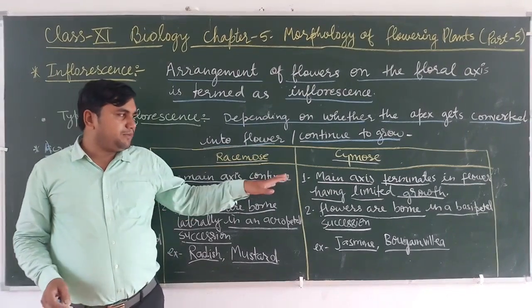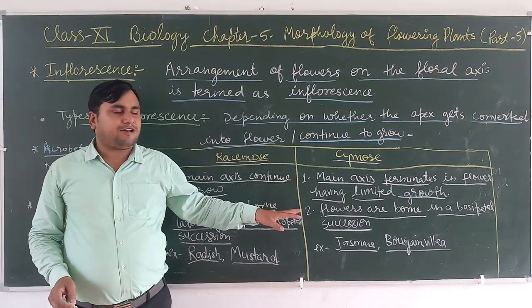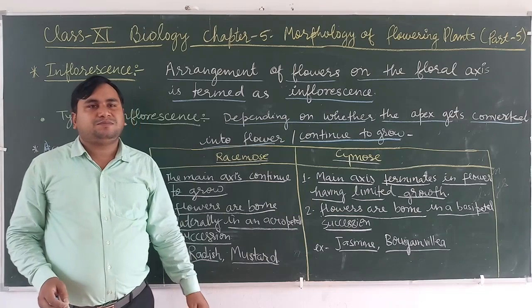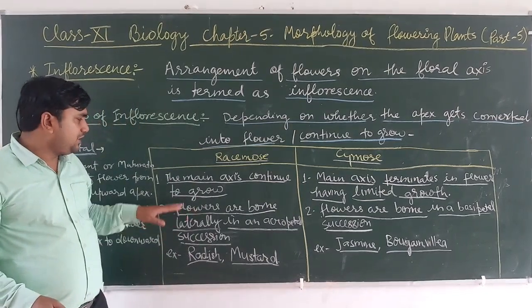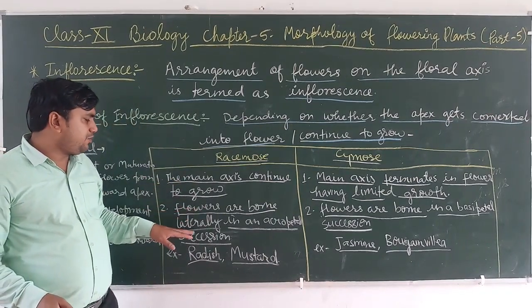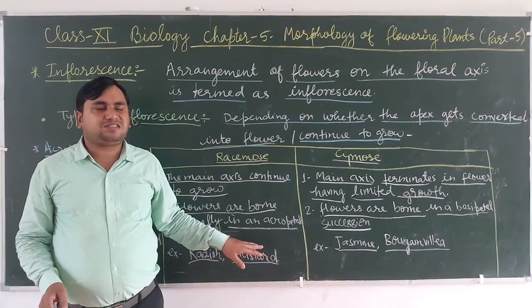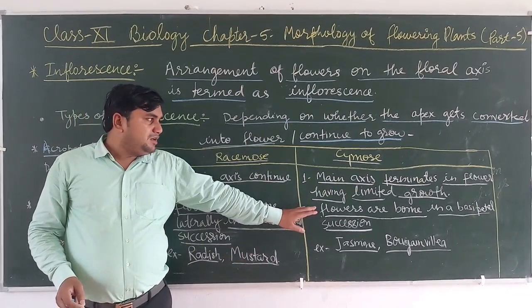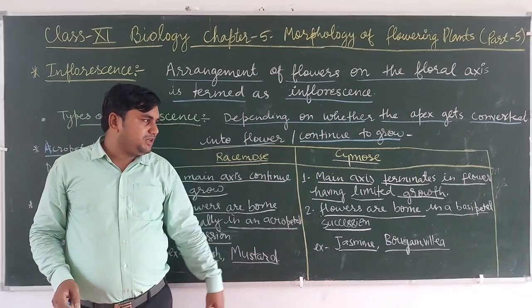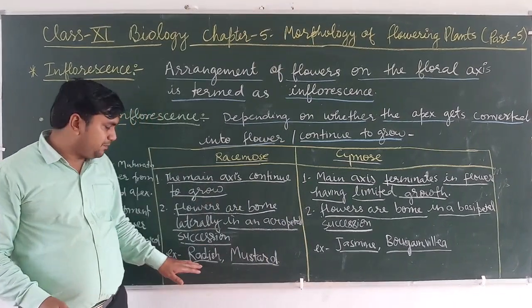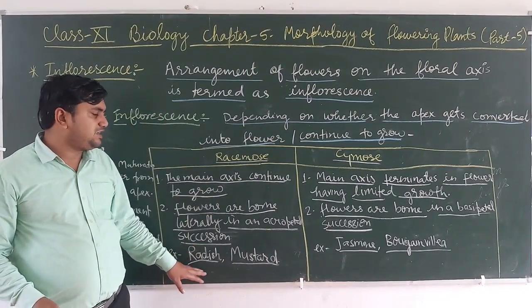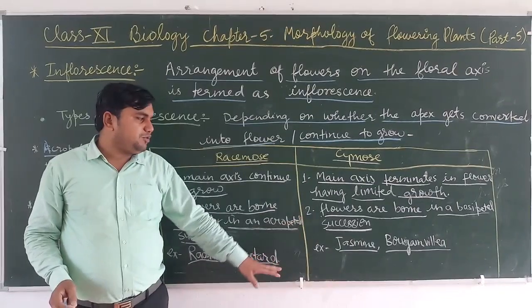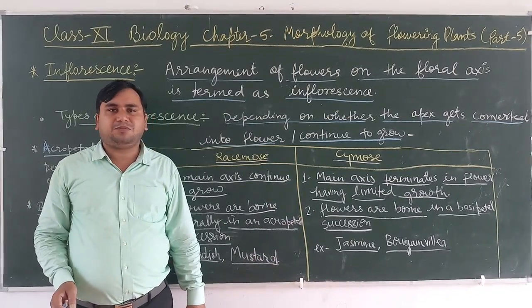In the cymose, the main axis terminates into the flower and has limited growth. In the racemose, flowers are borne laterally in acropetal succession, and in the cymose, flowers are borne in a basipetal succession. For example, racemose is radish and mustard, and cymose है jasmine and bougainvillea.